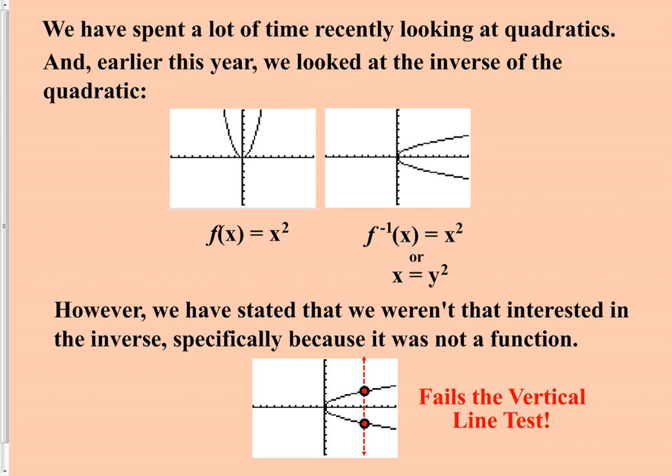Again, this is all review information, but go ahead and jot it down again. We were not interested in the horizontal parabola because it failed the vertical line test. A vertical line makes contact with the horizontal parabola twice, and that means we have an x value that has more than one y value, so that is not a function.